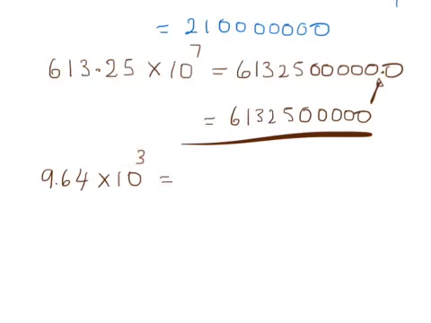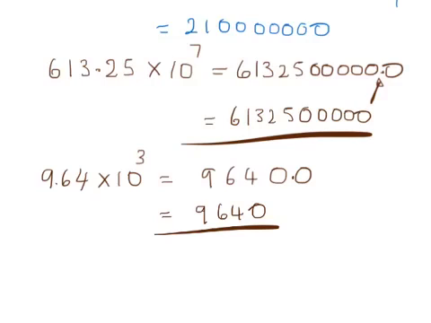There's no minus here, so it's a big number. And to make this into a bigger number, we need to move the decimal point this way again. So we get enough zeros to move it 3 times: 1, 2, 3. So the decimal point goes there. Again, if we put too many noughts, we might want to rewrite that as 9640.